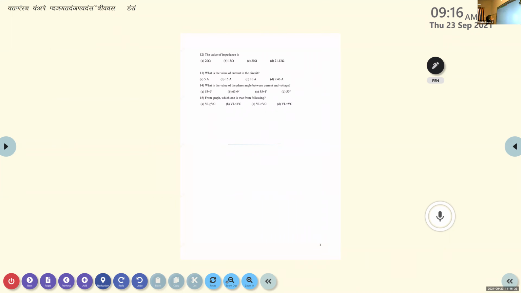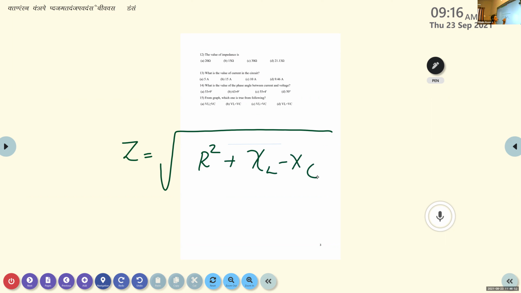Okay. Now the 12th question, the value of impedance is dash. How can we calculate the impedance? Impedance Z is equal to root of R square plus X_L minus X_C the whole square.